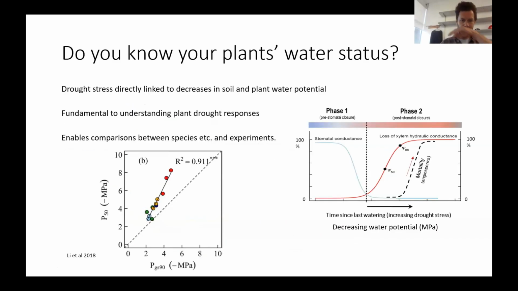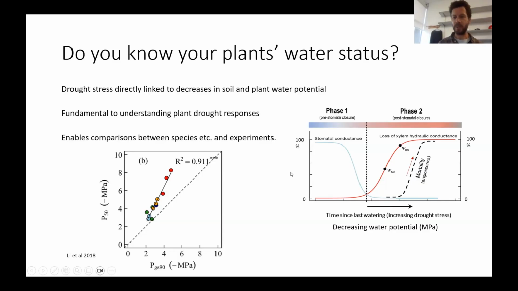And if you dry a plant down, you tend to get a response in the stomata, which close at a certain water potential, right? And then other processes start to occur as drought stress builds, which might be associated with loss of hydraulic function: 50% loss of hydraulic function, and then 88% loss of hydraulic function, which is close to that mortality threshold.